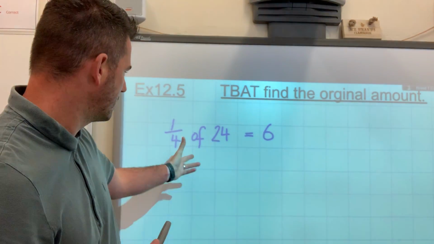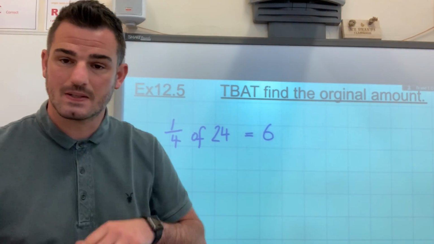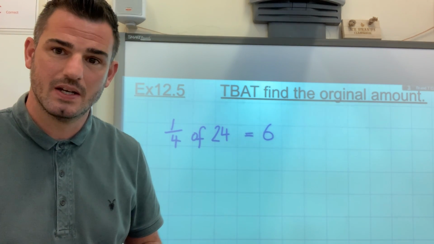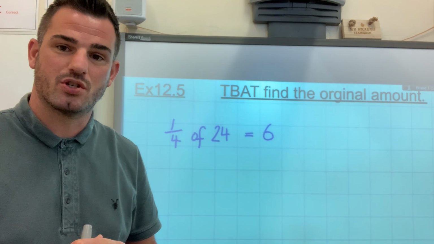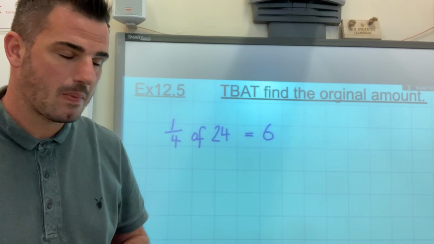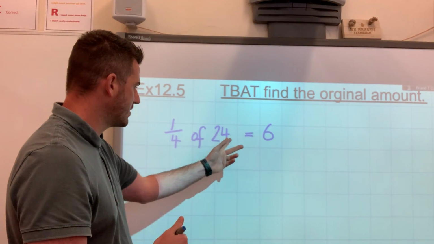Now here I have a question. A quarter of 24 is 6. Now that's something we've done last week in the earlier exercises, and I'll demonstrate now how that question will be reversed and the ways in which we can think about solving it. A quarter of 24 is 6.